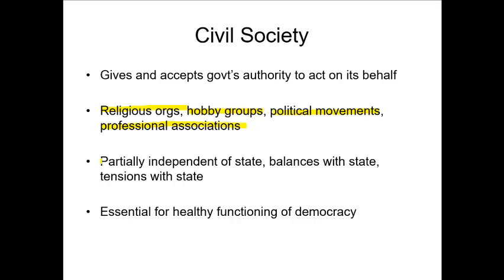And particularly in America and other states that are very stable and successful, relatively speaking, the civil society is partially independent of the state. It somewhat balances with the state. We'll talk about this more in detail later when we talk about a democratic political culture, because it also has tensions with the state to make sure that the state is held accountable, to keep the state on its toes.